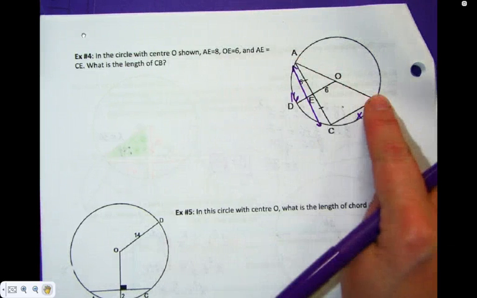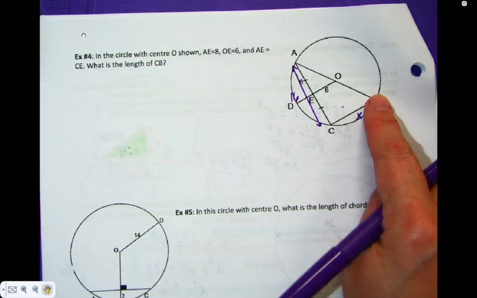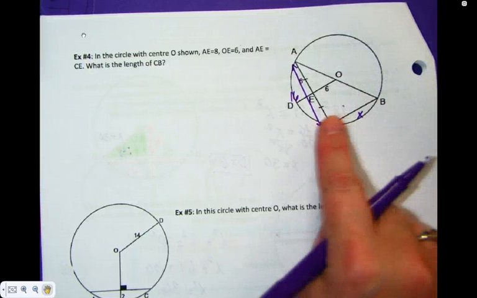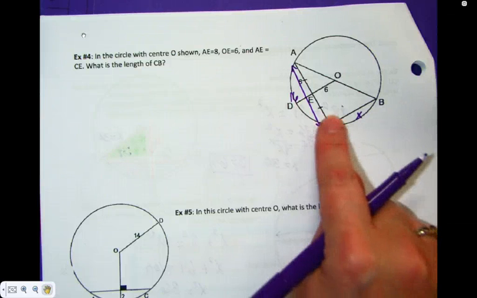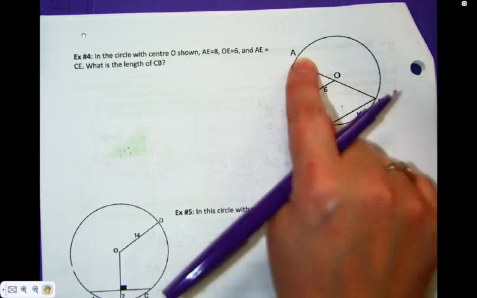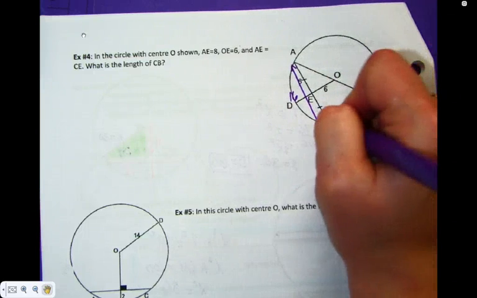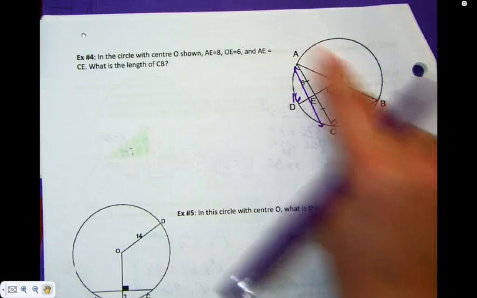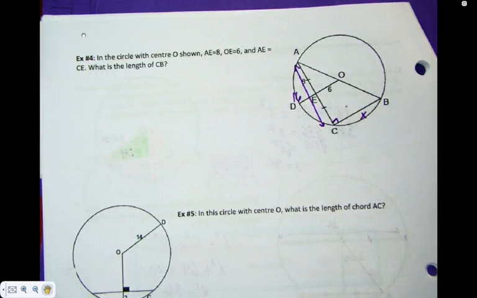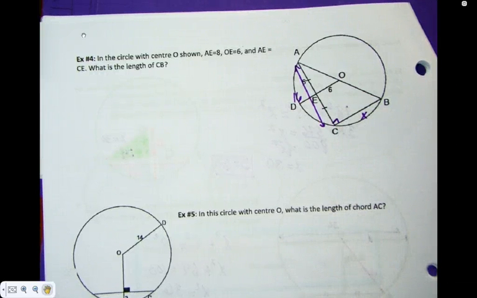Why do we need to find the diameter? Because we want to figure out CB. How do we know this is a right angle down here at C? It's 90 degrees. This is the semicircle property that says this is going to be 90. So if we can find the diameter, then we can find CB, what we want. Do we have the diameter? How can we find it?